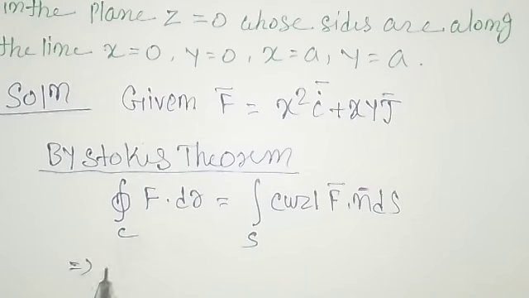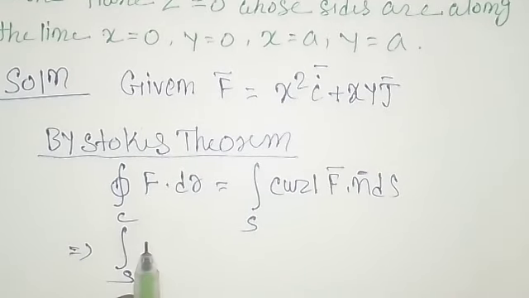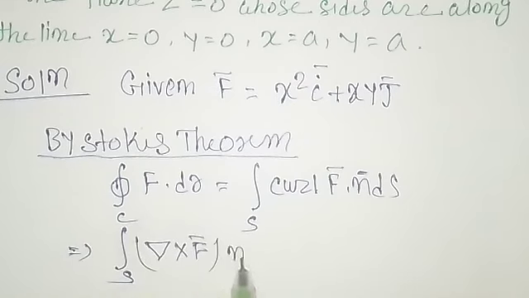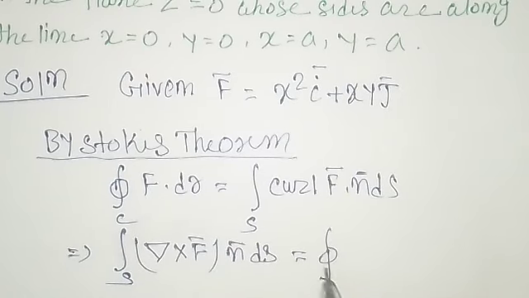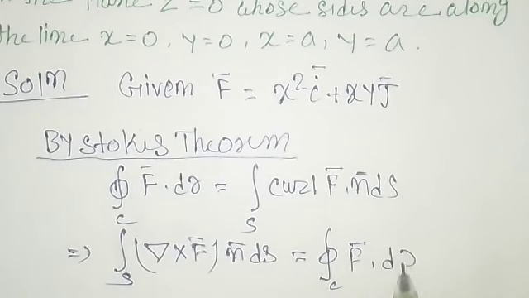Or in another form you can write it like this: the surface integral of the curl, which is nothing but del cross f, dot n ds is equal to the cyclic integral of vector f dot dr. All right, so let's say this is the LHS and this is the RHS.